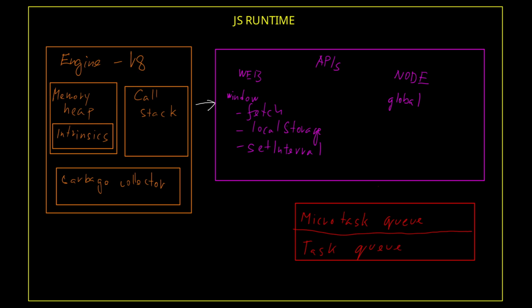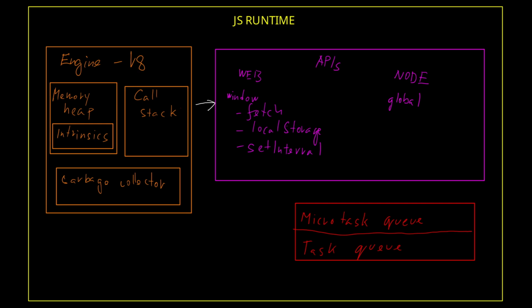What is it? In order to understand these queues, we need to go back to the call stack. When the engine calls some synchronous web API, for example localStorage.getItem, it is going to get this item from local storage and return back to the call stack.